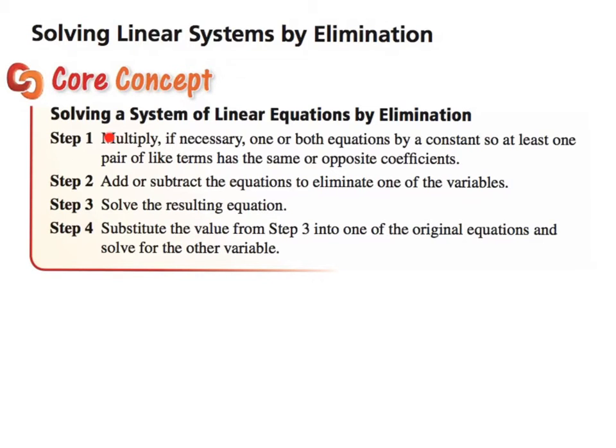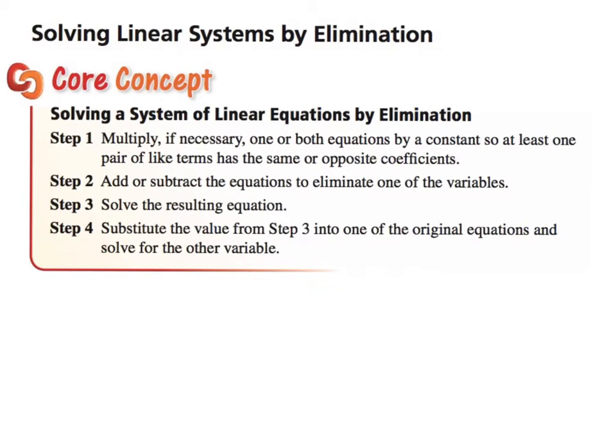If you don't have something where the variables are going to eliminate, you've got to perform step 1. Step 1 says that you're going to multiply one or both equations by a constant, so at least one pair of the like terms has the same or opposite coefficients. You want one of them to be negative 5x, the other has to be 5x.